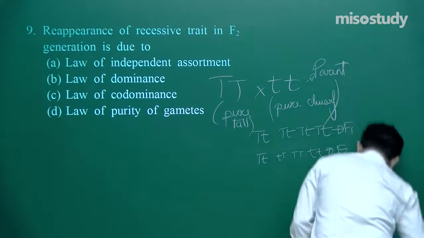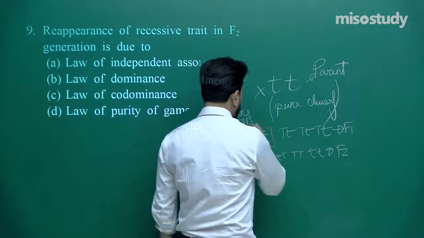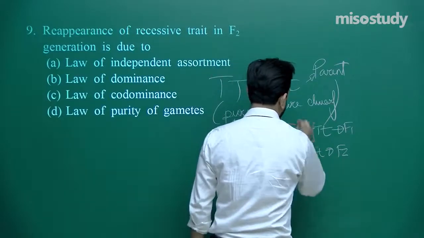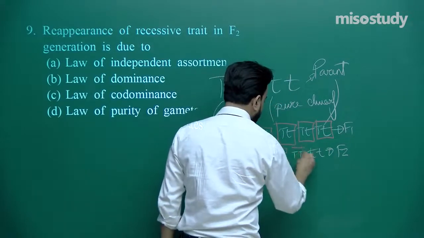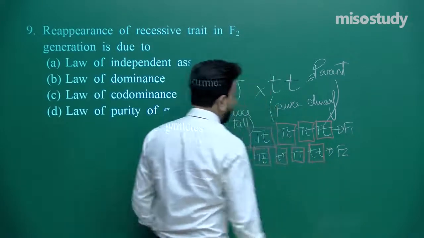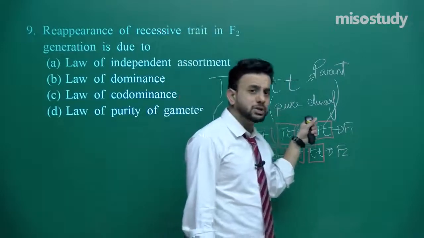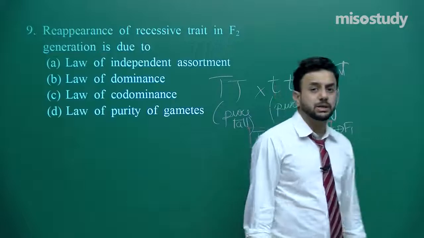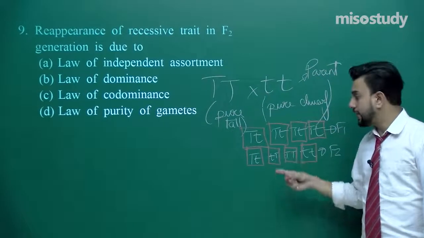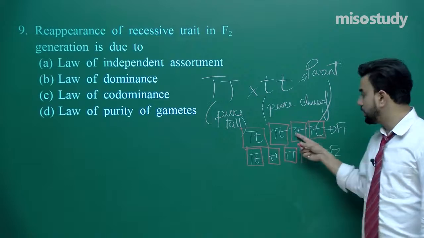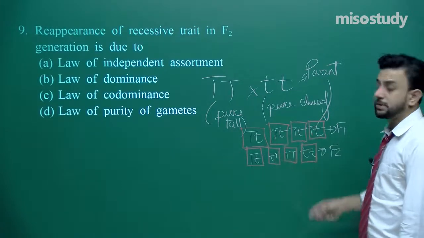In the parent generation, we see that there is a pure dwarf plant. In the F1 generation, there is absolutely no dwarf at all, because the dominant allele, capital T, is present in all.